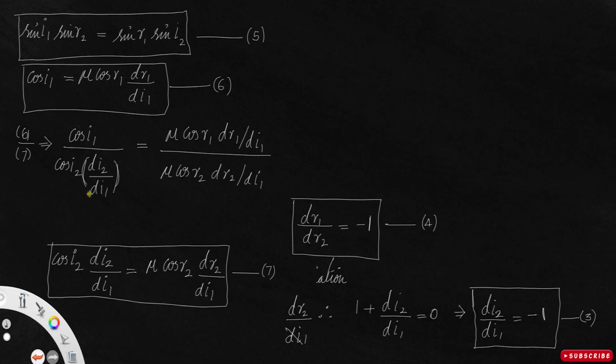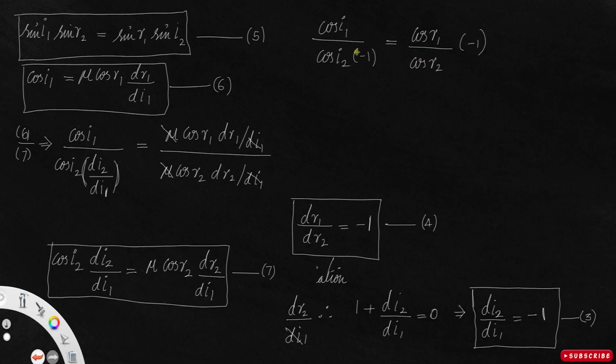Clearly, if you look at this term di2 by di1, we know di2 by di1 is minus 1. So cos I1 divided by cos I2 times minus 1, equal to, you can cancel this mu. Also this di will get removed. And dr1 by dr2, that is minus 1. So on the right hand side it is cos R1 by cos R2 into minus 1.